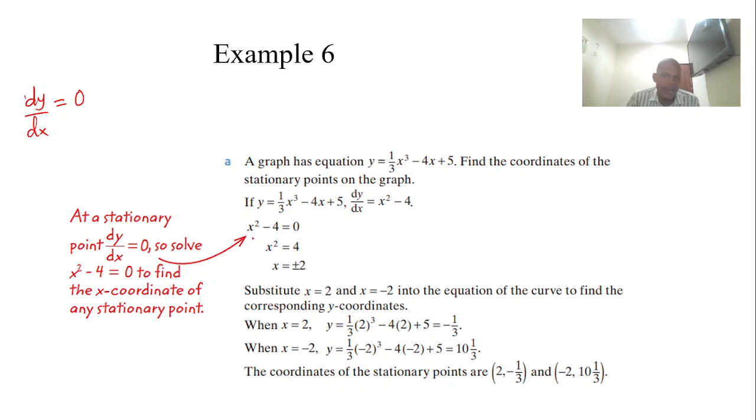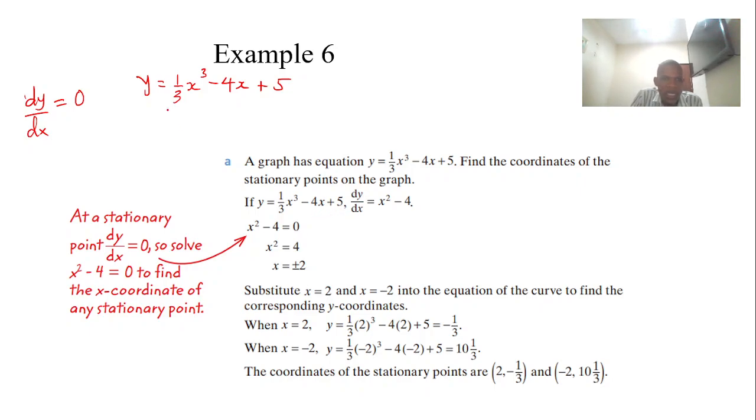I have a graph with the equation y equals 1 over 3 x cubed minus 4x plus 5. It says find the coordinates of the stationary point on the graph.